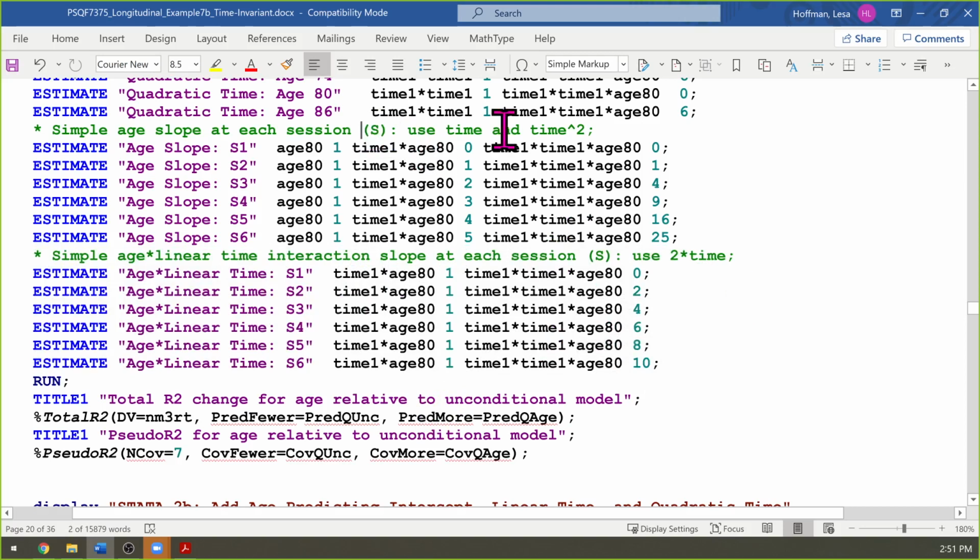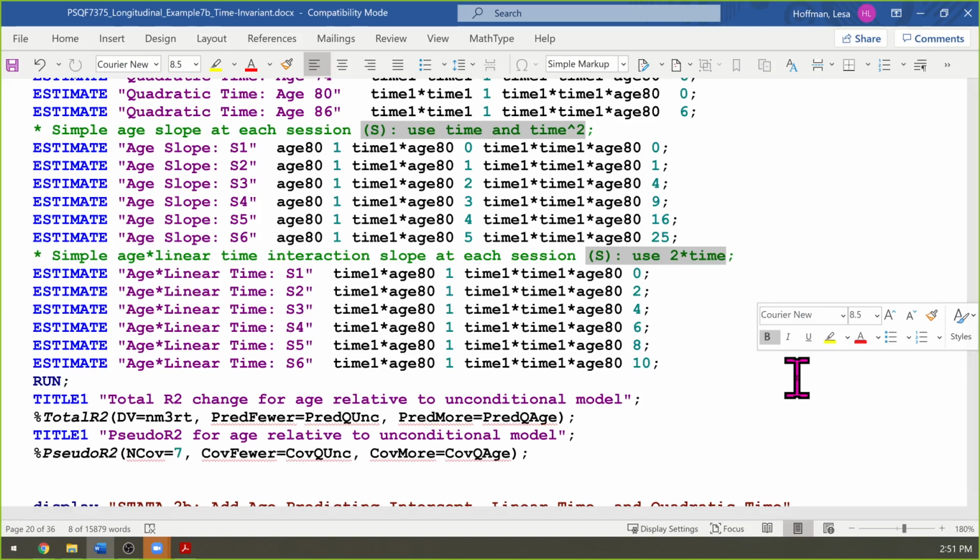So I have my notes up here in the comments as to what goes in as the values. If you're estimating something about a linear slope, you give the quadratic slope time times 2. Otherwise, it's just time squared, like it would seem like it should be.